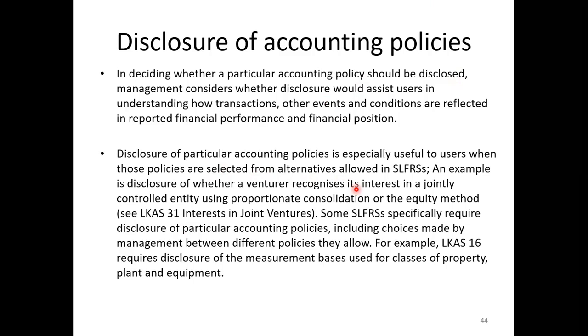An example is disclosure of whether a venturer recognizes its interest in a jointly controlled entity using proportionate consolidation or the equity method. LKAS 31, interests in joint ventures. You may have studied joint ventures, associates, subsidiaries and holding companies under the different standards in your previous year.